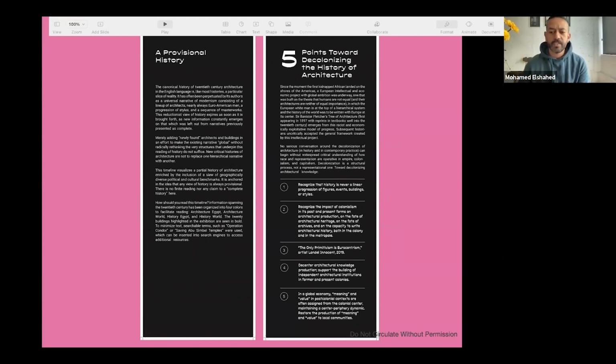So: to recognize that history is not linear, to recognize the impact of colonialism in its past and present forms on architectural production, but also on the fate of archives and heritage. I really like this quote because it sums up a lot in 4 or 5 words: the only primitivism is Eurocentrism.